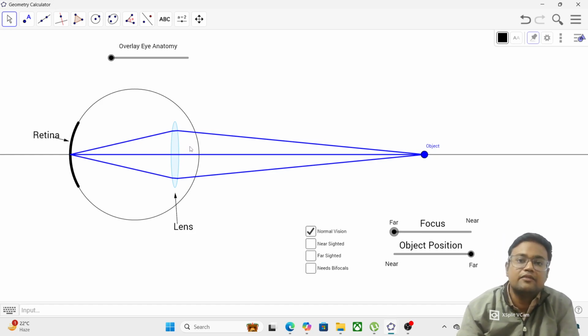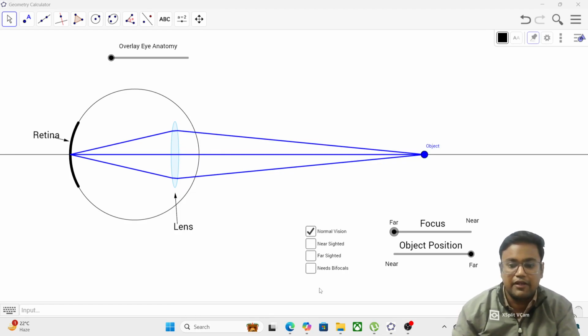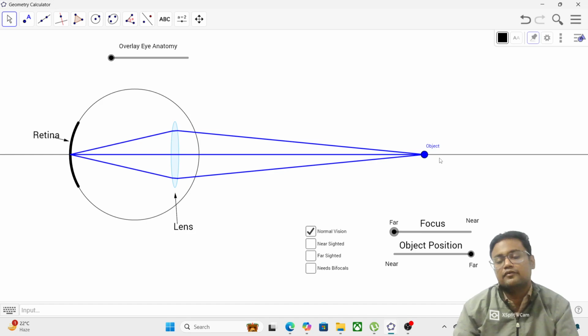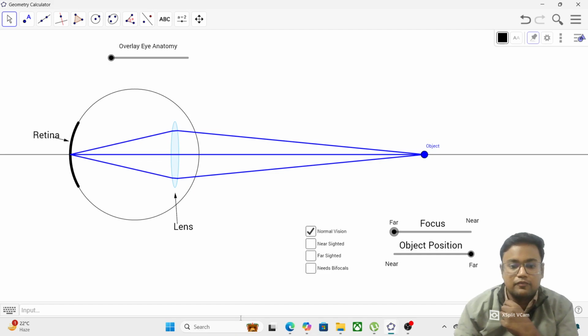Thereby the focal length will increase and the power will reduce, because we have learned from this relationship. Let me make it very clear to you.